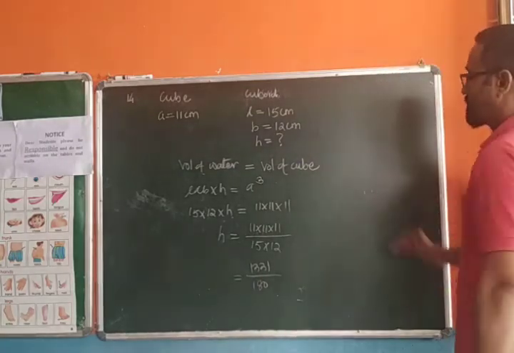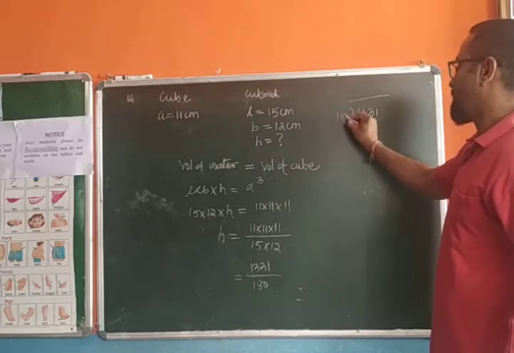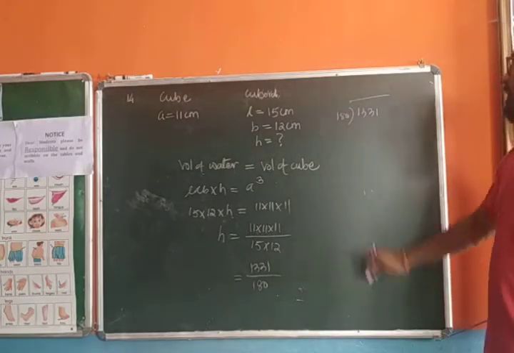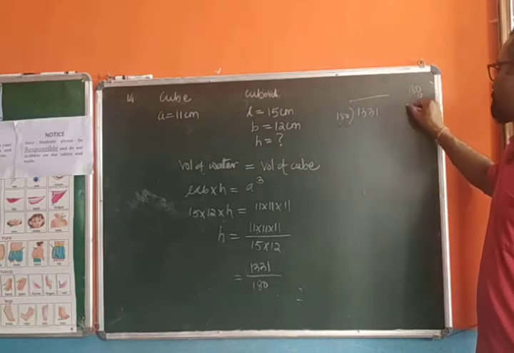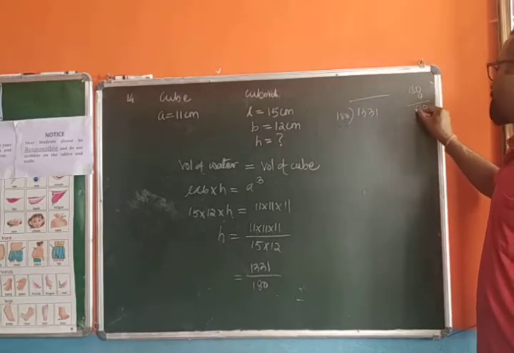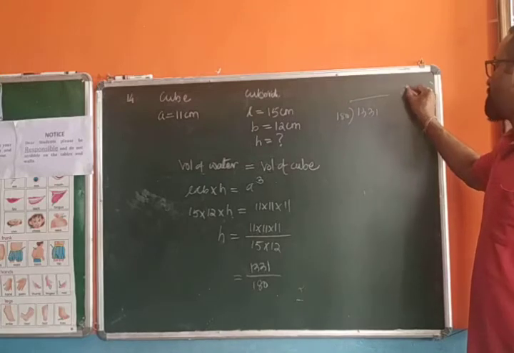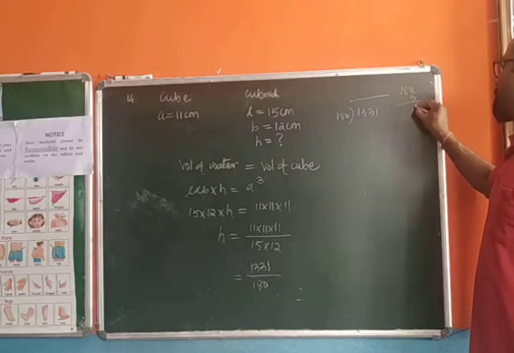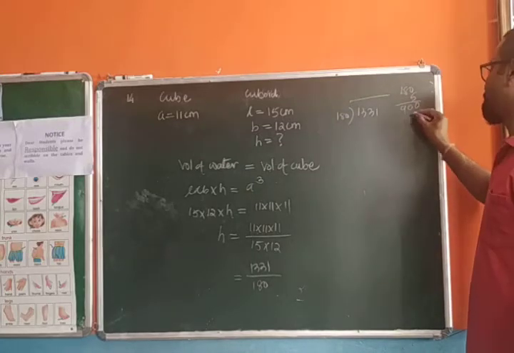Divide it. 1331 divided by 180. 10 times is more, so you try 9 times. 9 into 8 is 72, 7, 9, 16, it is coming more. Try 5 times, 90, it's coming less.